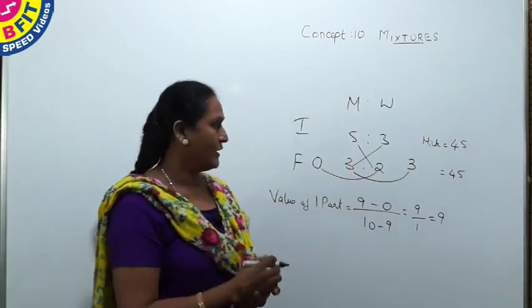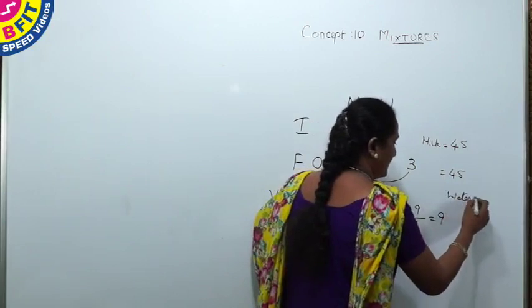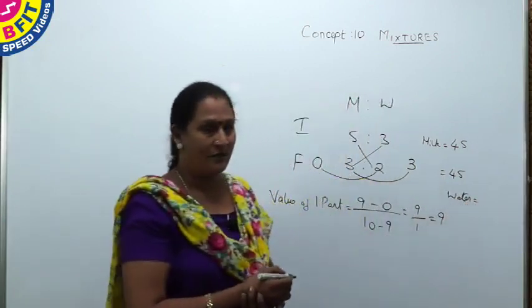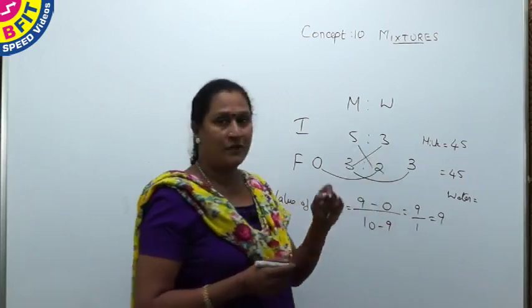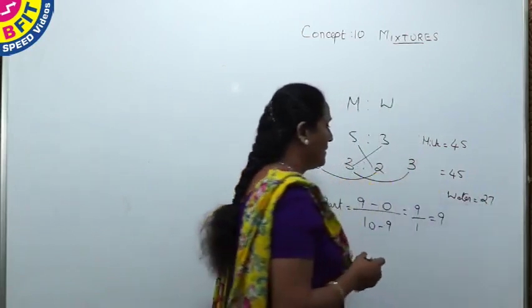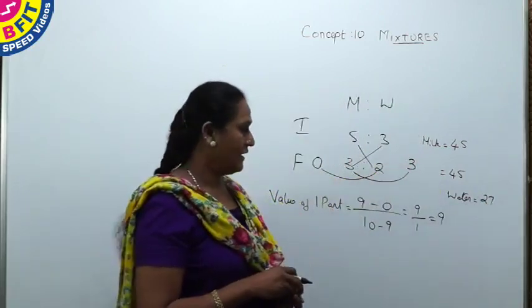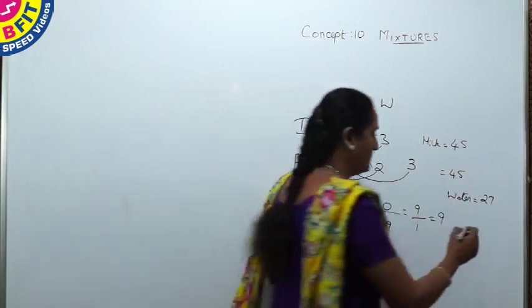Suppose water is asked. If the initial quantity of water was asked, the value of one part is 9, 9 into 3, 27. And 3 liters of water is added. If the final quantity of water is asked, add 3 with 27.